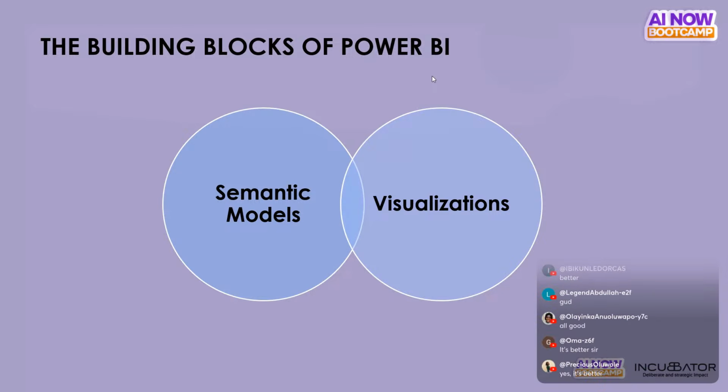All right. Okay, so let me just run through the semantic model and visualization one more time. So I said that the semantic model is the processed data. So remember, you start by doing your ETL. You extract the data from the data source, you transform the data, you load the data, you model the data, you create relationship.